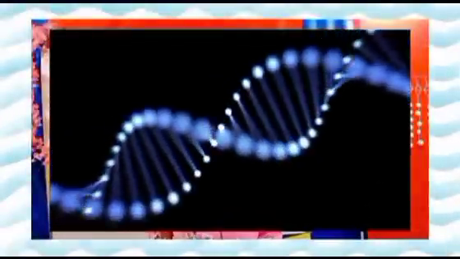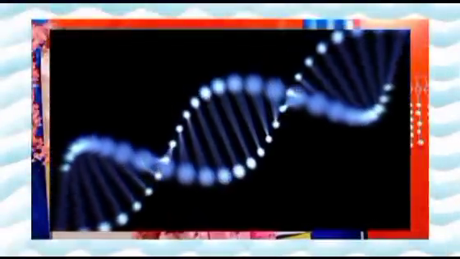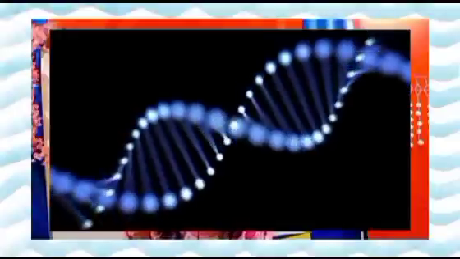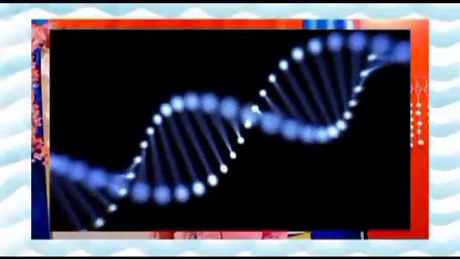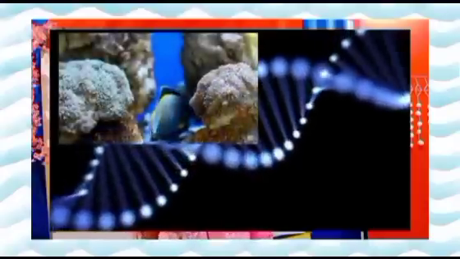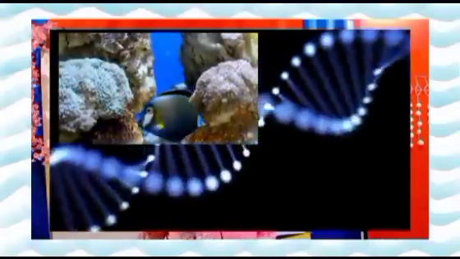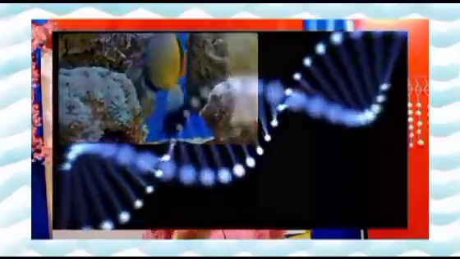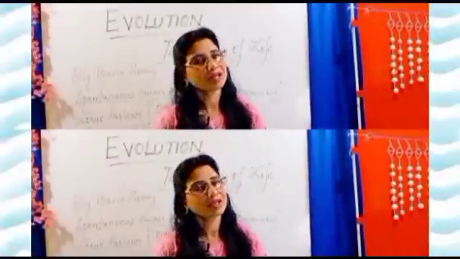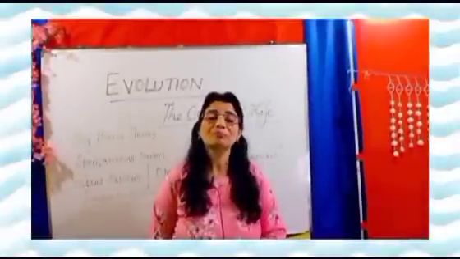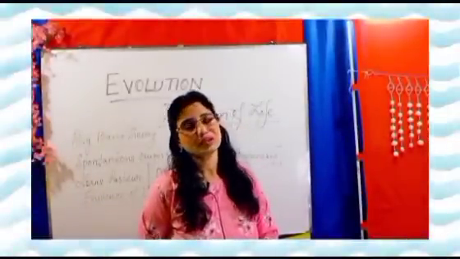So biochemical similarities will point to the same shared ancestry, as there are some structural similarities which are seen in the diverse group of organisms, and these similarities are due to the structural similarities that you find in the structure of the proteins and the genes. This is all about the biochemical evidence.